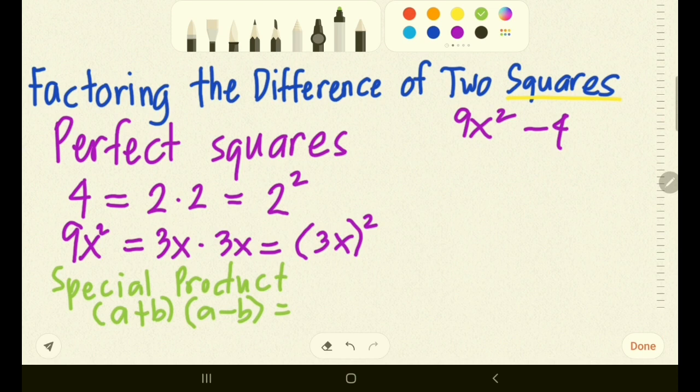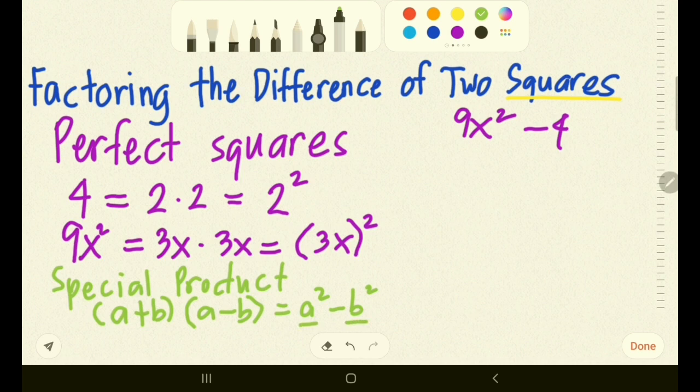I'm going to solve this by the FOIL method, or the long method, whatsoever, getting the product of these two binomials. This results in a squared minus b squared. As you observed, a squared and b squared are both squares, or perfect squares, and you have there the operation minus, or difference, meaning you have your difference of two squares.